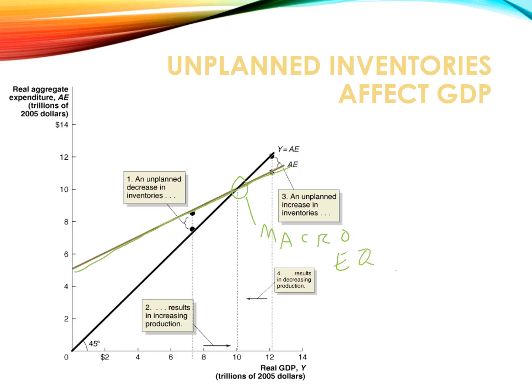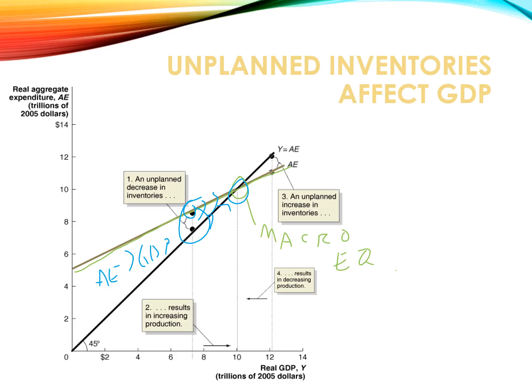But if we have an unplanned decrease in inventories, such as here, this indicates that aggregate expenditures is higher than GDP. At this point, aggregate expenditures is right here, so we're spending, say, $8 trillion in change, but GDP is only at about $7.75 trillion, which means that in the next phase, when that production goes through the production process and gets completed, we're going to trend in this direction, and then we'll end up at our macroeconomic equilibrium point.